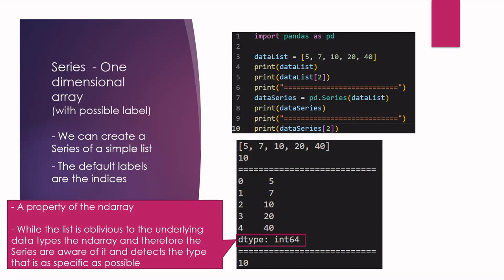Now, as you can see here, we didn't specify labels for the rows in the series, so the indices were used as labels.